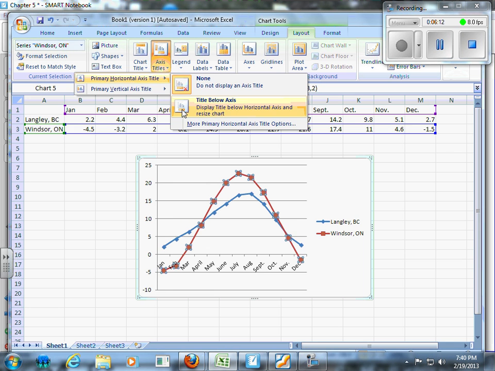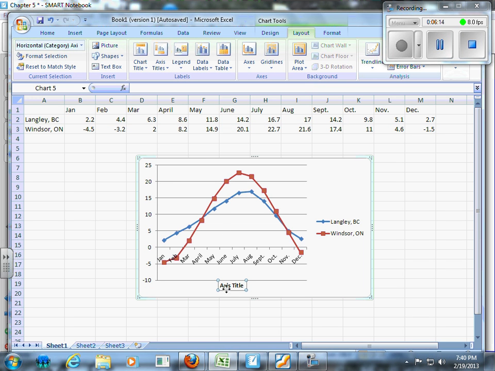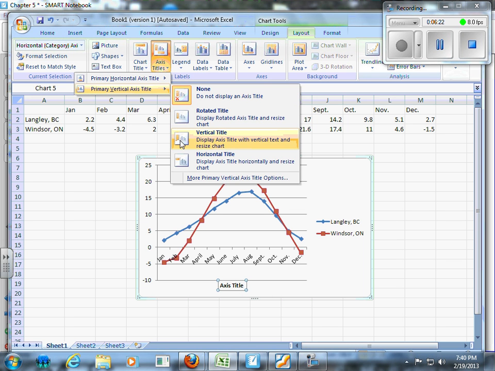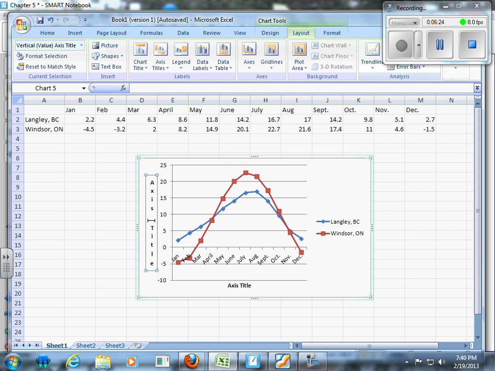Here, put a title below, and it will be months of the year. If I wanted a title for the vertical axis, I could put my title in here. So I'm going to erase, and this will be average daily temperature.